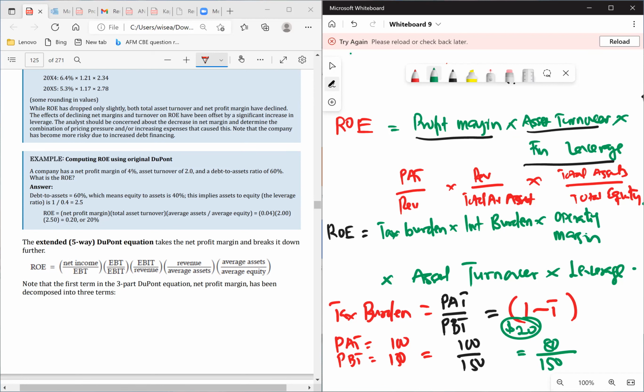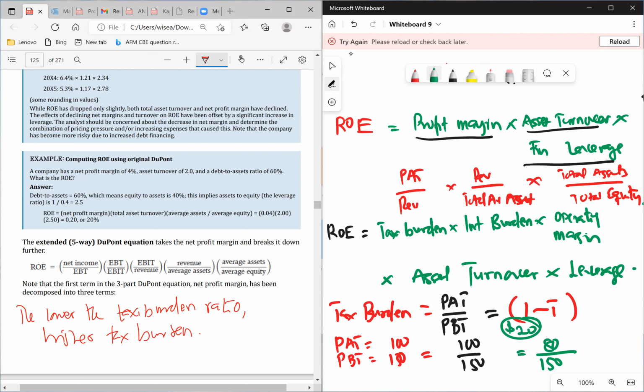So the lower your ratio, the higher your tax burden. That's what it means. The lower the tax burden ratio, the higher the tax burden.